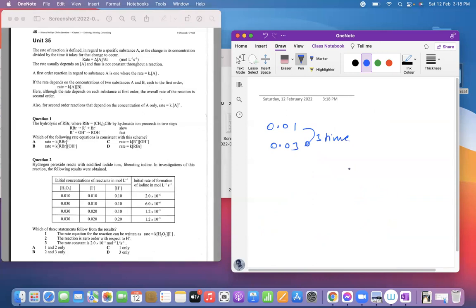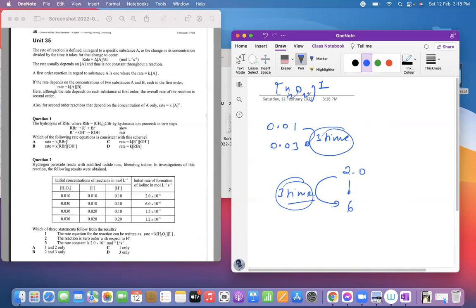And at that time, rate becomes 2.0×10⁻⁶ to 6.0×10⁻⁶, means 2 to 6, means 3 times. Whenever the change is in the same ratio, it will always be first order. So we can say H2O2 is first order kinetic, which is fine with H2O2.